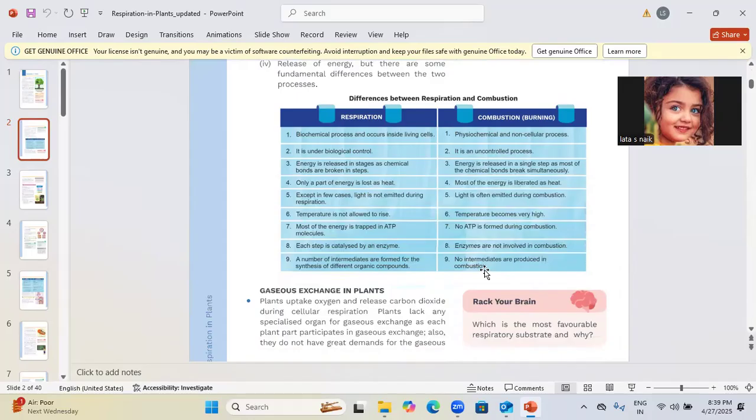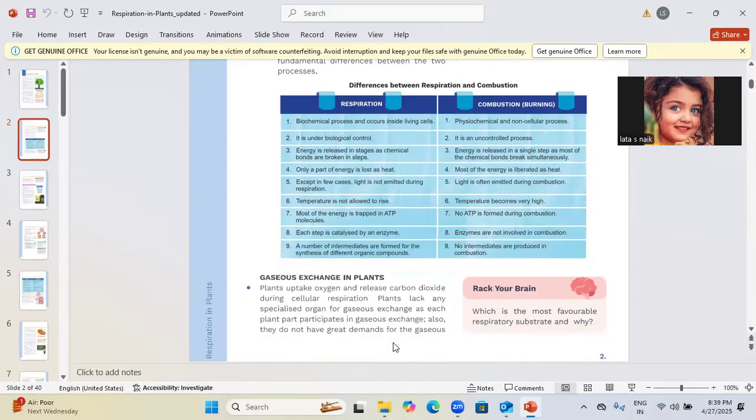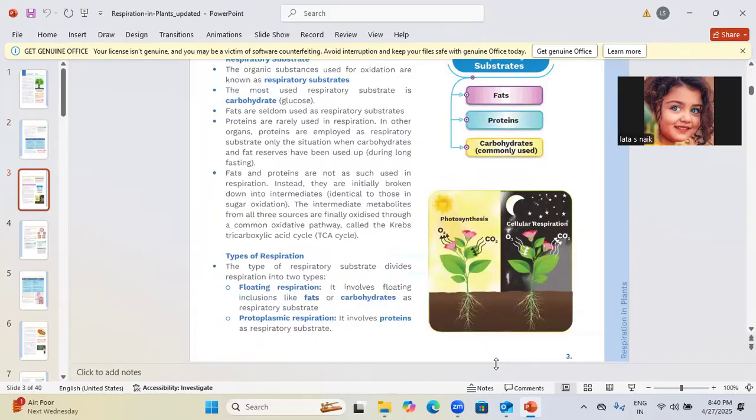But still, gaseous exchange takes place in plants. How is it? Plants uptake oxygen and release carbon dioxide during cellular respiration. Plants lack any specialized organ for gaseous exchange, as each plant part participates in gaseous exchange. They do not have great demands for gaseous exchange.